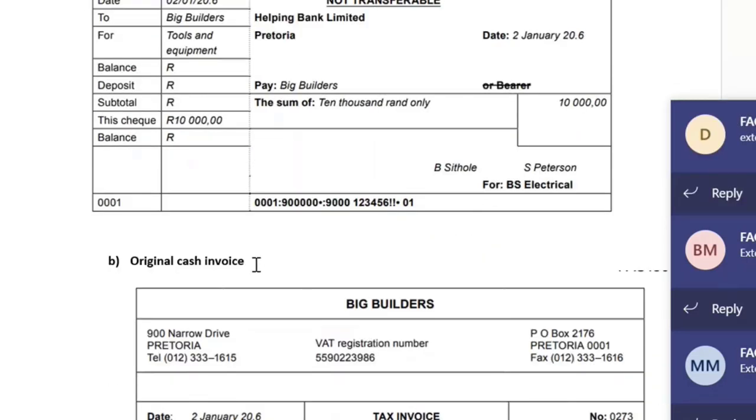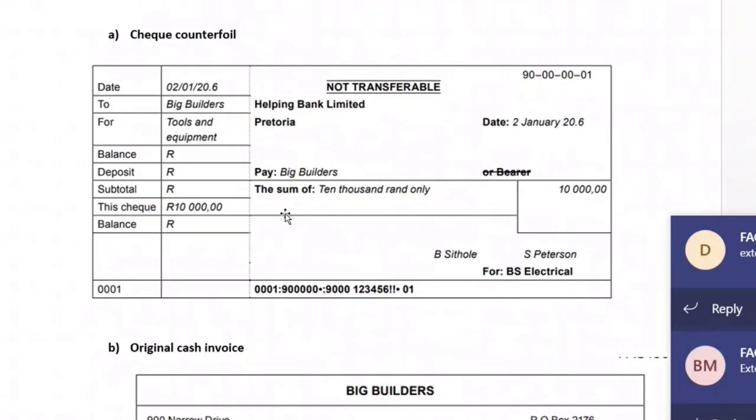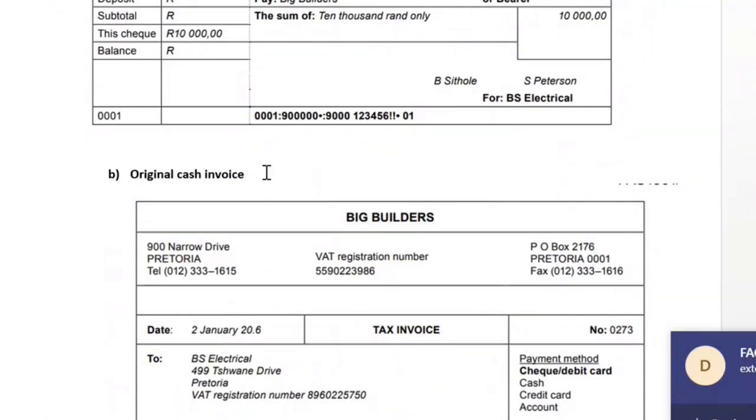Are you saying the check counterfoil and the original cash invoice are both external source documents?